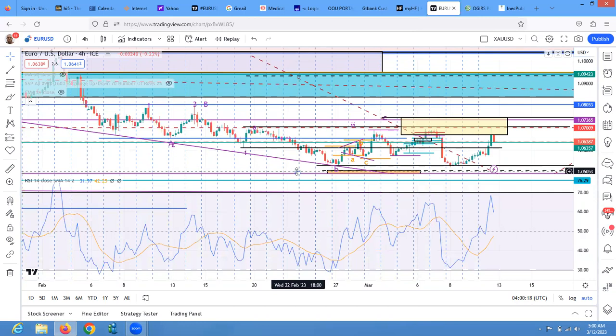Let's look at RSI. Like I said, this here marks the end of the third wave. And this is 4, A, B, and a C, and this is 5.